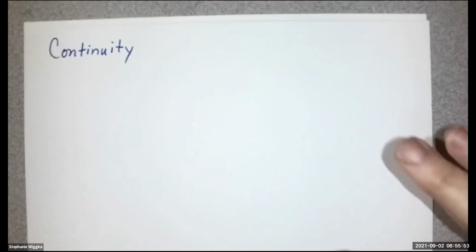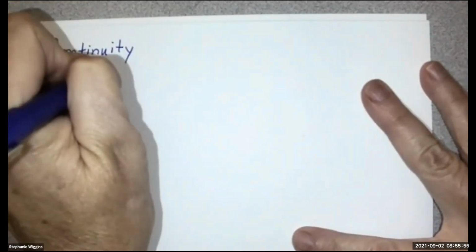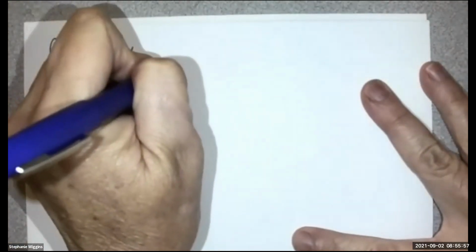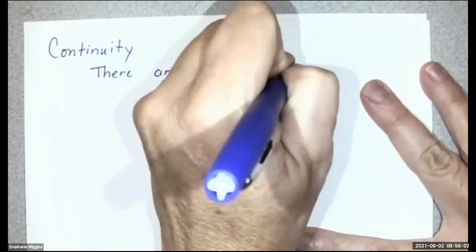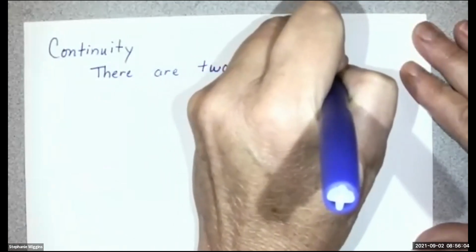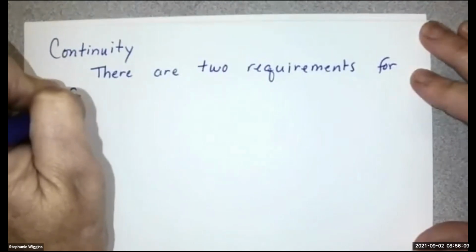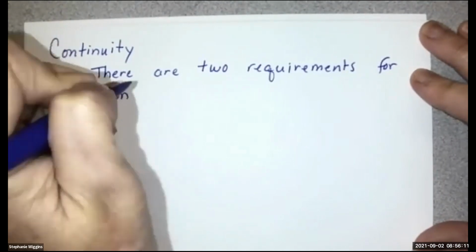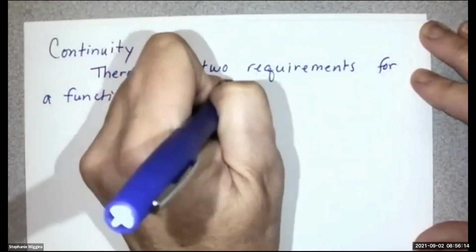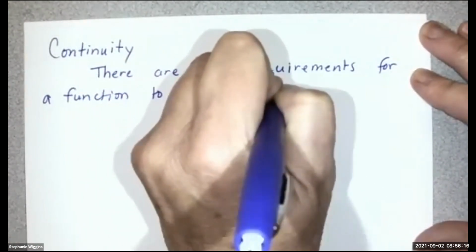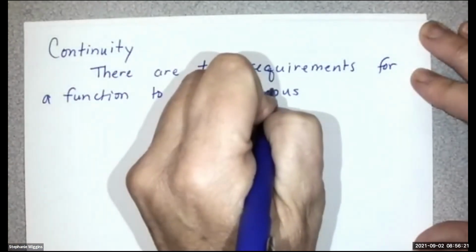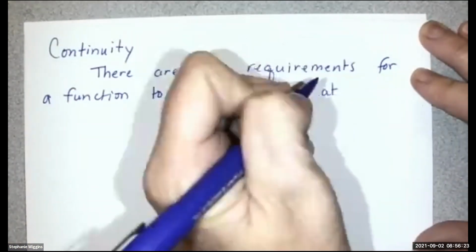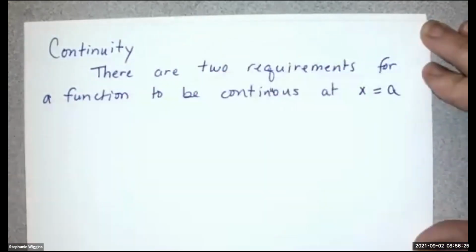Okay. So continuity, there are two requirements. For a function to be continuous at x equal to some value a.